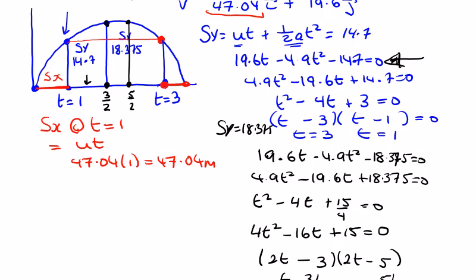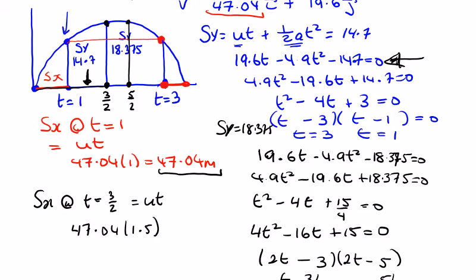So if I get displacement in x when t is equal to 3 over 2, I can find this total distance, and then I can just take this distance away and see what we get. Hopefully it relates back to the question. So s of x at t is equal to 3 over 2 is going to be 47.04 by 3 over 2 or 1.5.